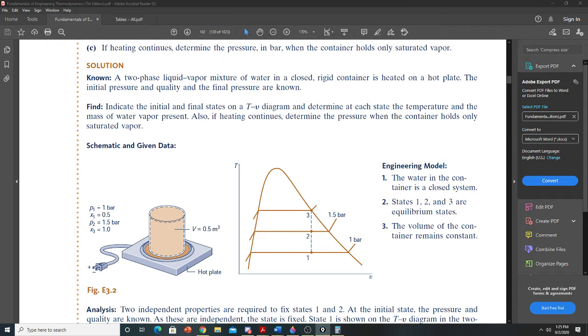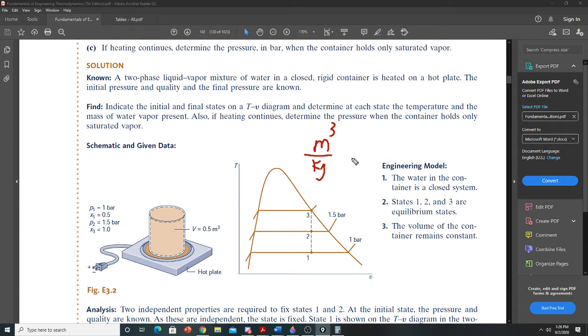So really quick, specific volume is what? What are the units of it? It is volume per mass. So it is meters cubed per kilogram, right? So those are our units.